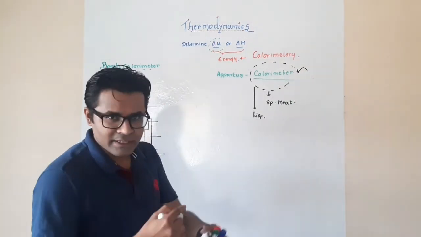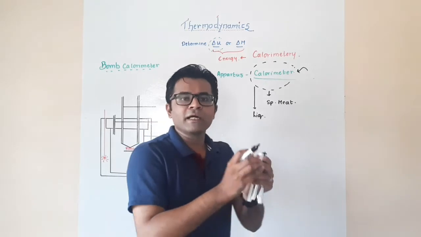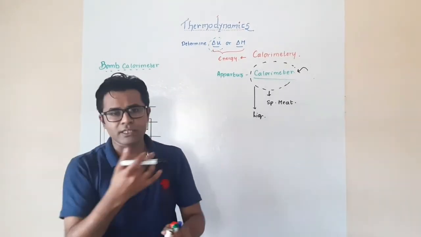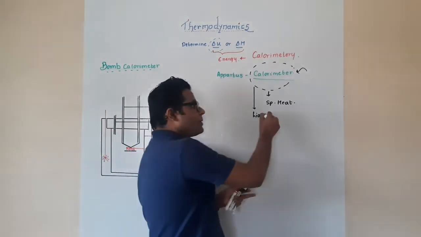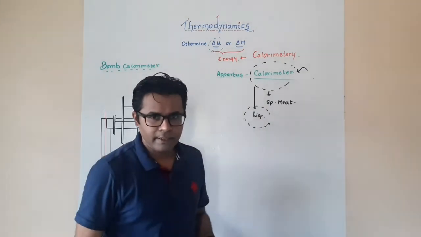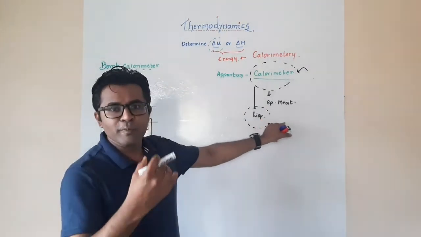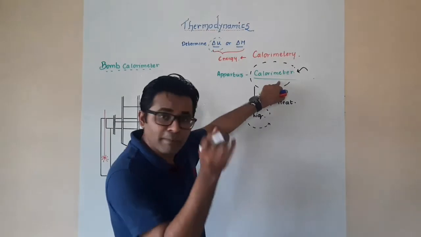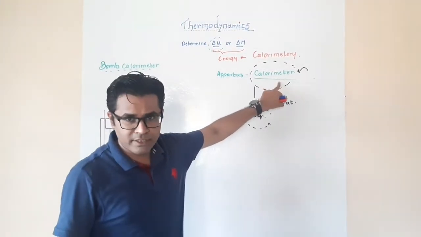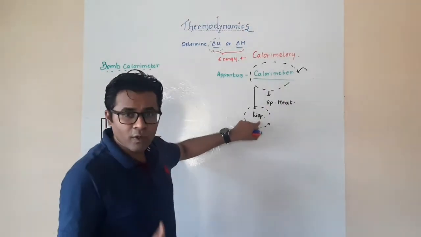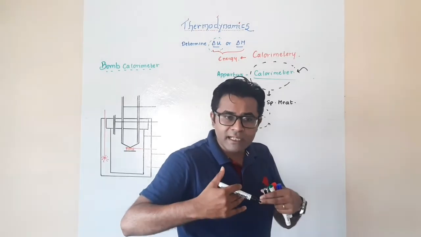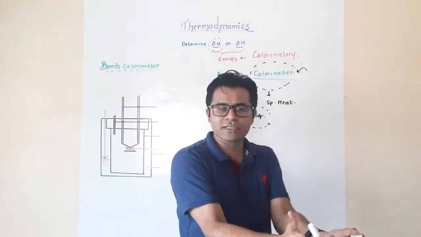As the process starts, the calorimeter is either going to give away energy or absorb energy from the surrounding. Depending upon that, we can see the temperature difference in this liquid. If the liquid is going to become hot, we shall understand that the calorimeter is giving away the energy, so exothermic reactions. If this liquid is going to become colder, that means this liquid is giving the energy to the system.